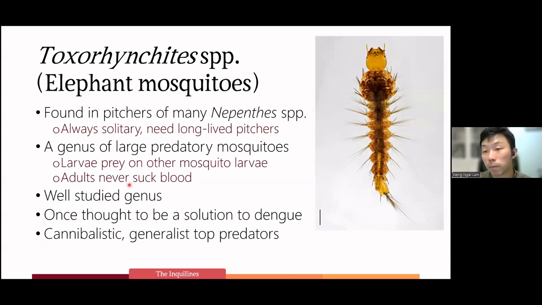The adults never suck blood. So this is like the best mosquito out there. It eats other mosquitoes, and the adults are pollinators. It's a very well studied genus because many have proposed that this is a solution to dengue. It's not the best solution, but it is a beautiful mosquito species that's found in pitchers.